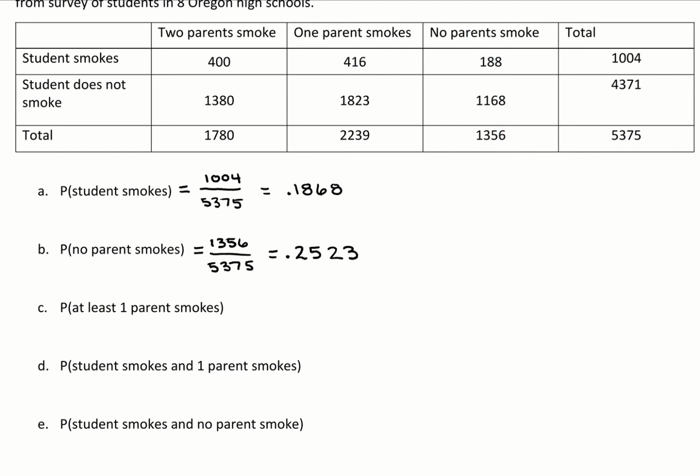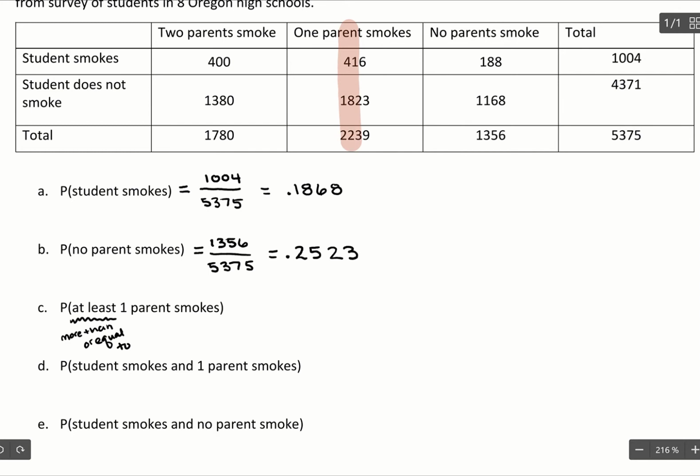Now the probability that at least one parent smokes. The wording of "at least" comes through when we're looking for greater than or equal to. To say at least one parent smokes fits two categories.